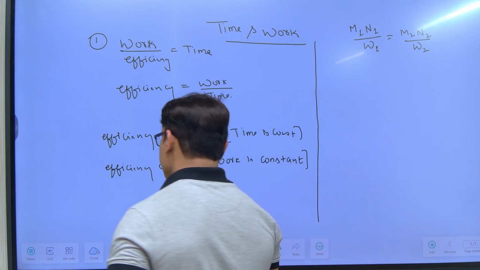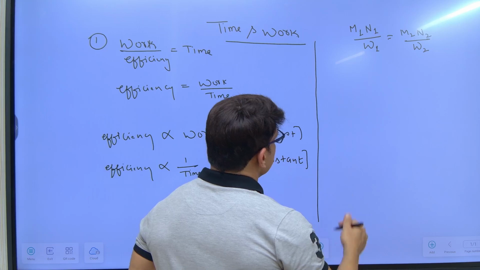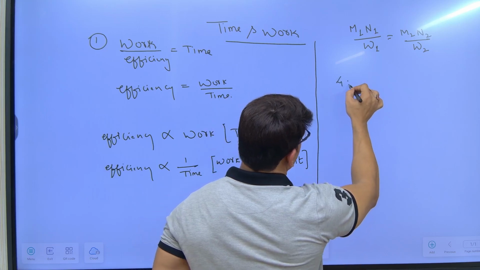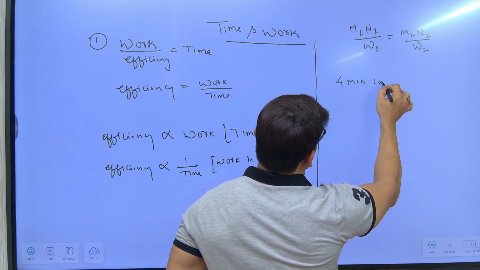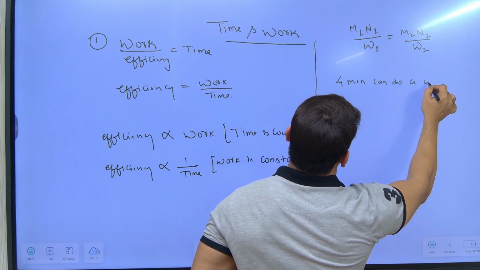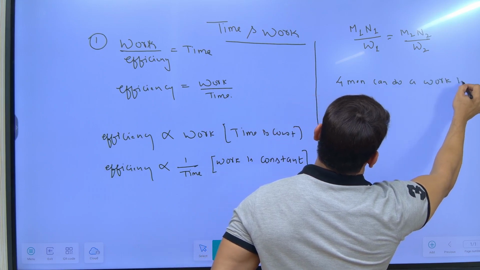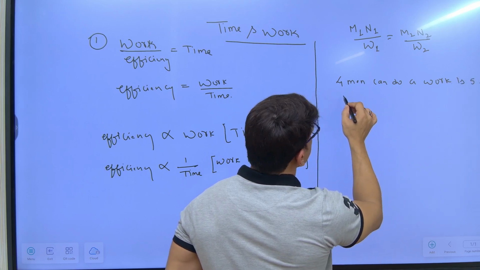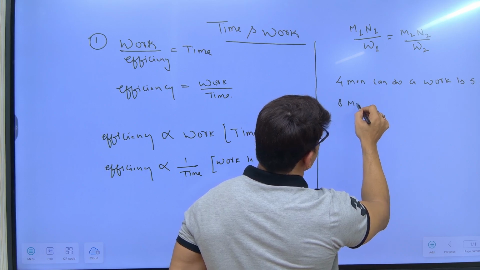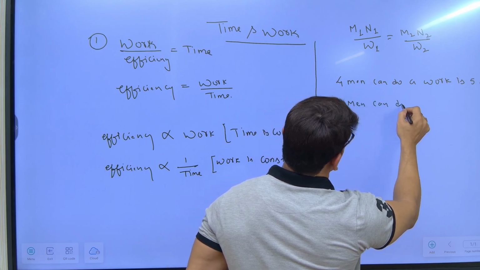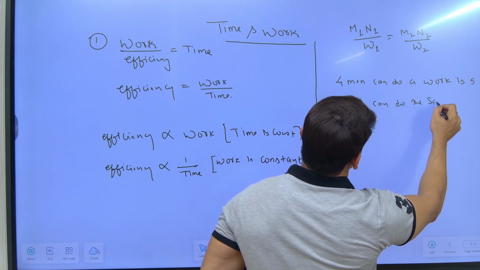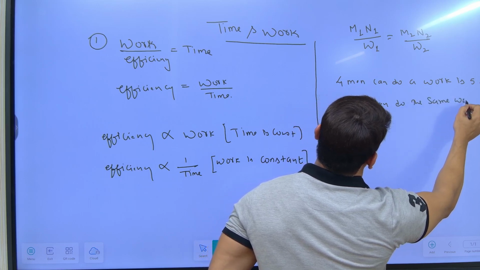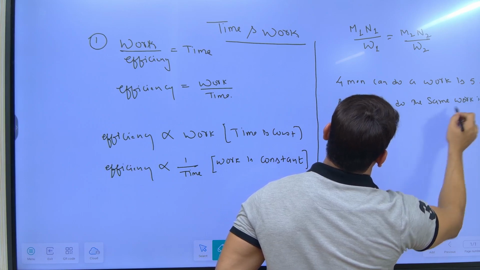The type of question which you get here is, let's say, 4 men can do a work in, let's say, 5 days. Then 8 men can do the same work in how many days?